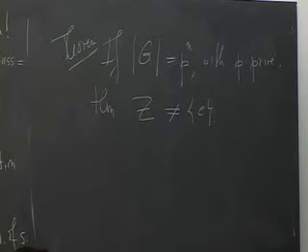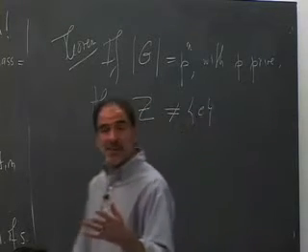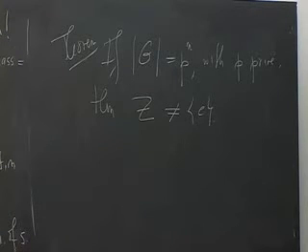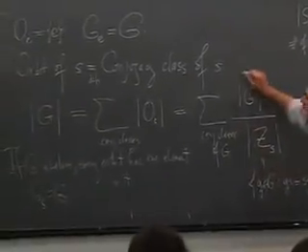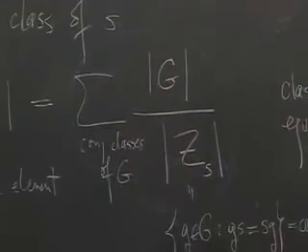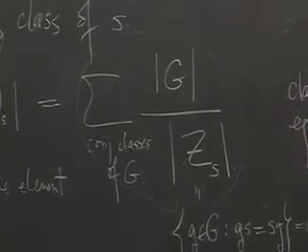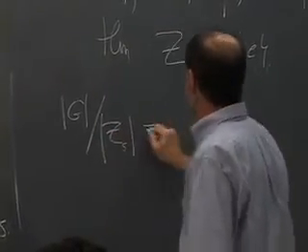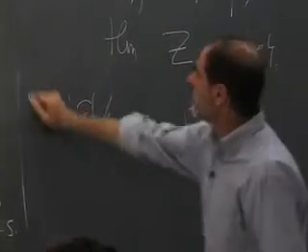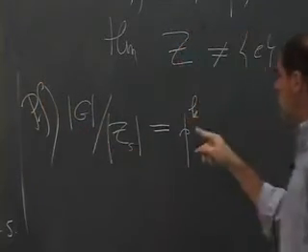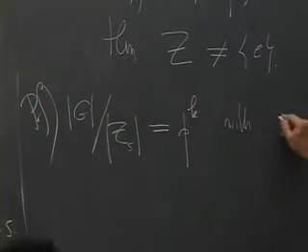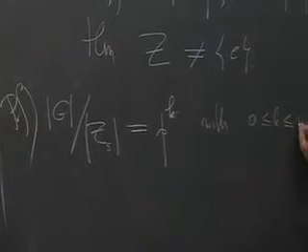Okay? So that's not true when we had order 6. But if I had a group of order 8 or order 16 or order 32, any group of that sort has to have a non-trivial center. Why? Because look at this formula. Every term in this formula divides the order of G. The divisors of the order of G, these terms have order p to the k with 0 less than or equal to k less than or equal to n.